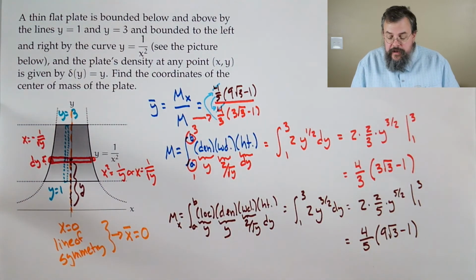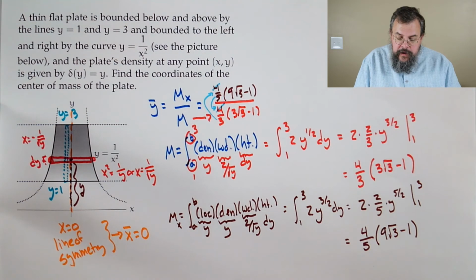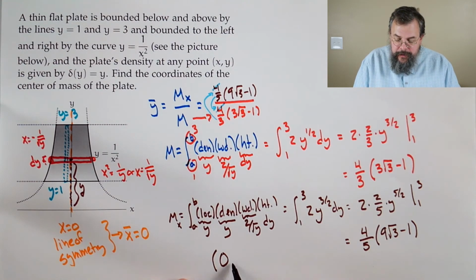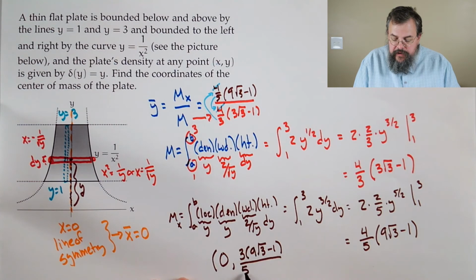So, at the end, our answer, because we have to find a center of mass, is that our x-coordinate is 0. Notice how quick we got that compared to the y-coordinate. And our y-coordinate would be 3 times 9 root 3 minus 1 divided by 5 times 3 root 3 minus 1.